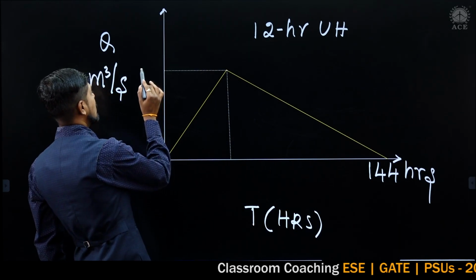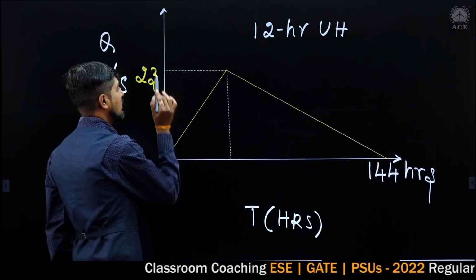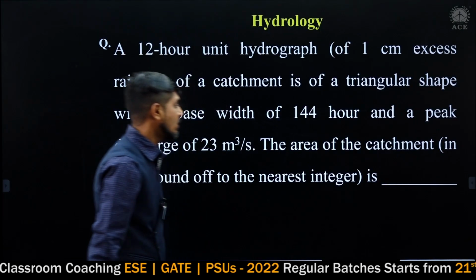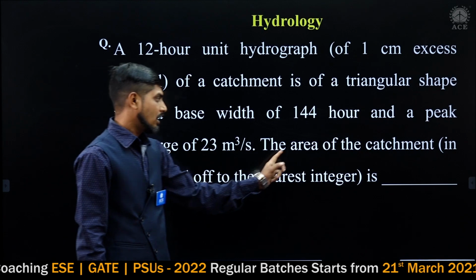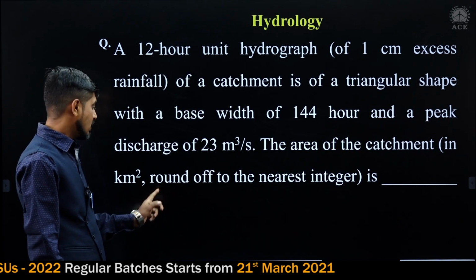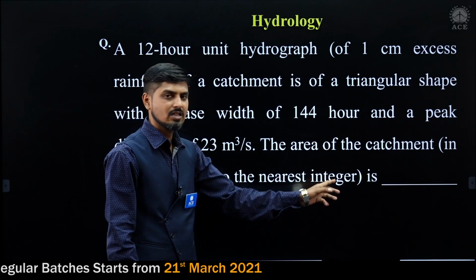So peak discharge is 23 meter cube per second. So this is the given data from the question. The area of the catchment in kilometer square, rounded off to the nearest integer, is?